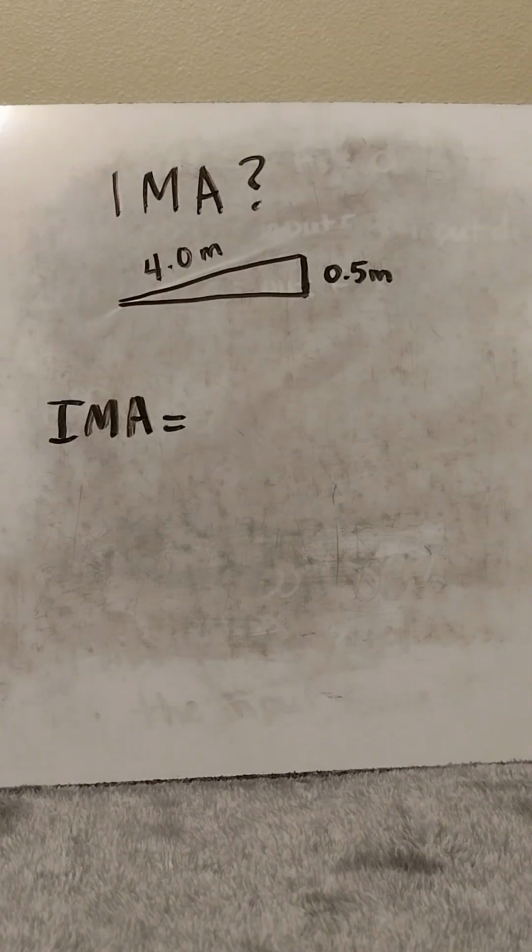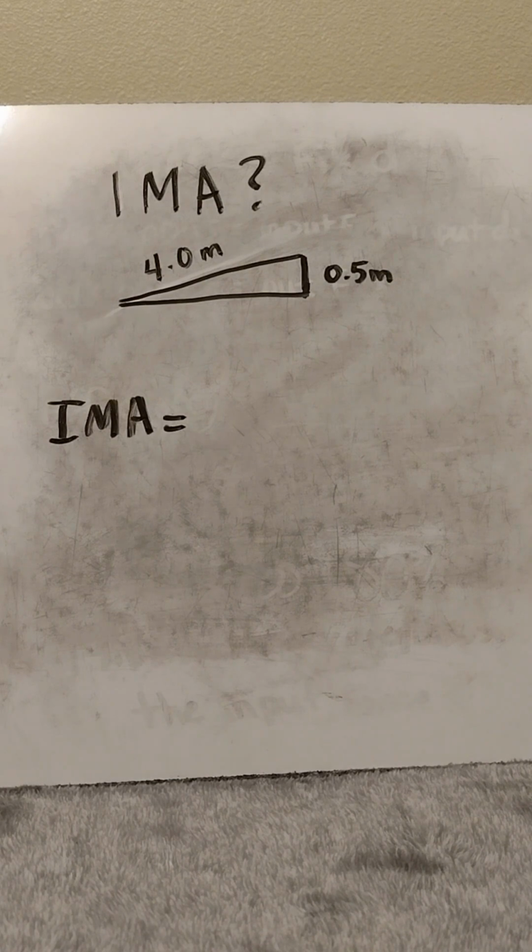This is the on your own question 8.12. What is the ideal mechanical advantage of a ramp if its length is 4 meters and its higher end is 0.5 meters above its lower end? The ideal mechanical advantage is using distance, and it starts with an I, so you're going to do input first.